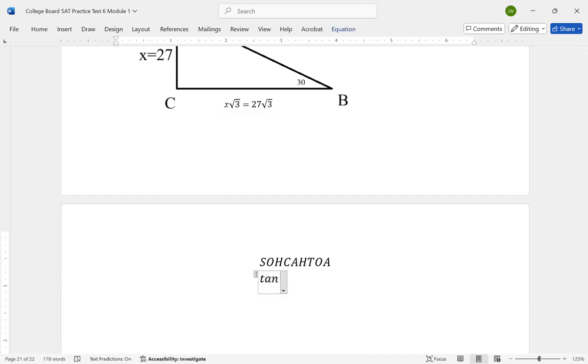So the tangent of angle A, let me use capital A so we're consistent, is equal to the fraction where we take the opposite side and divide it by the hypotenuse.